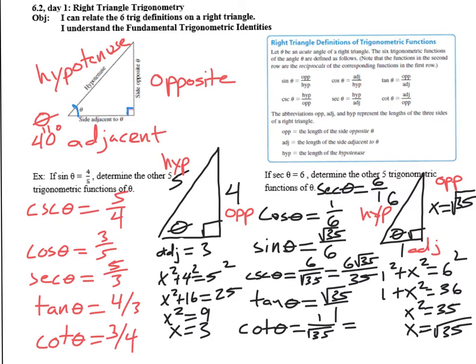It depends on the perspective that you're looking at the triangle. I'm doing it from this angle. If I had switched and said I'm working with this angle, hypotenuse would stay the same, but opposite and adjacent would switch. Okay, so when you're doing the opposite and adjacent thing, you've got to start with the angle. What's the angle that I'm looking at this triangle from?